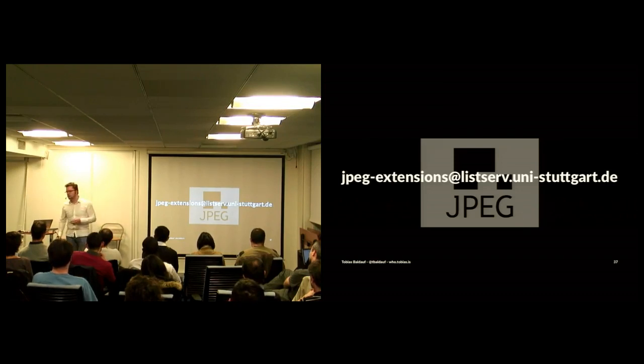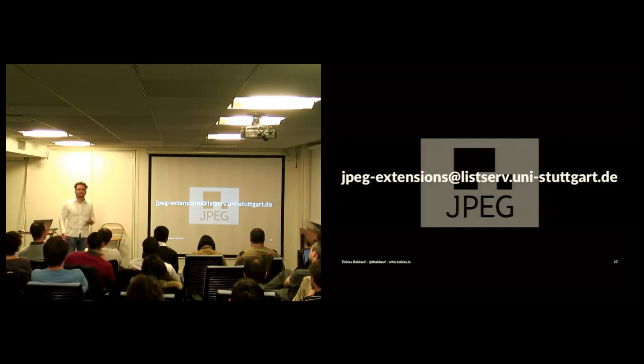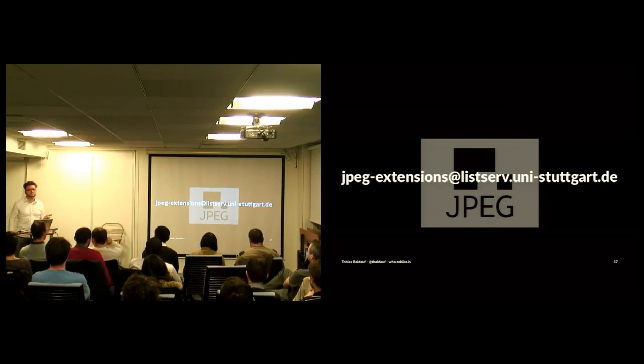You can discuss JPEG development there. You will have to argue your case why you want to be on that group, so I don't accept anybody for no reason. As you can see, it's run by a university, the reason being somebody will have to have the time to do this.